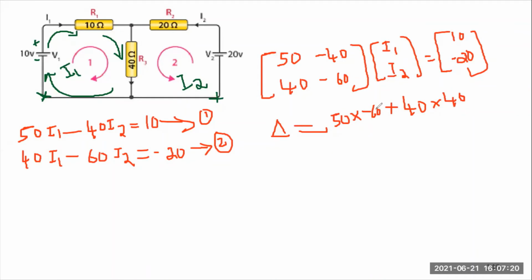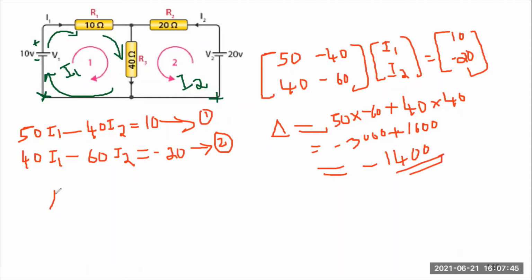So 50 into 60 means minus 3000. Use the calculator appropriately if you require. Minus 3000 plus 1600 is equal to minus 1400. Okay, so delta is over.